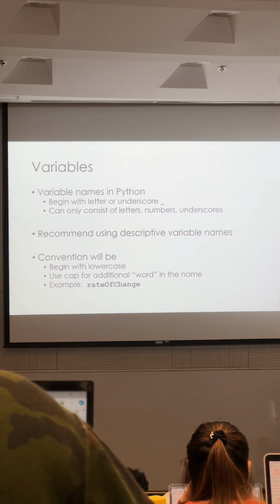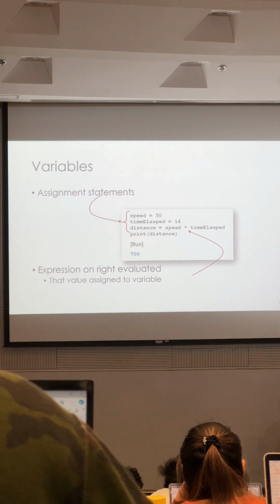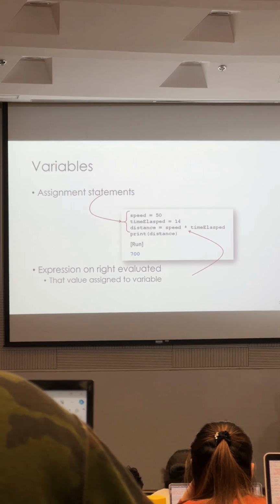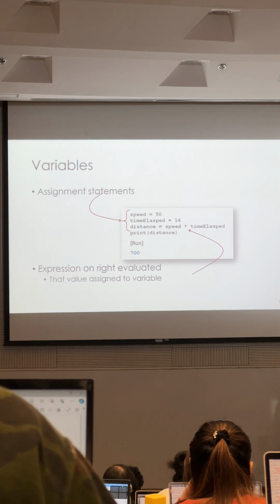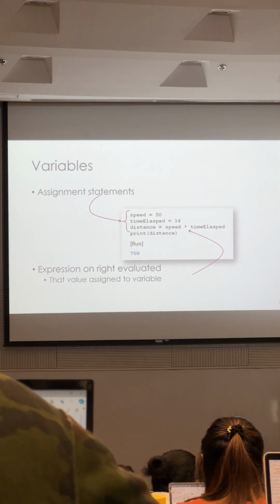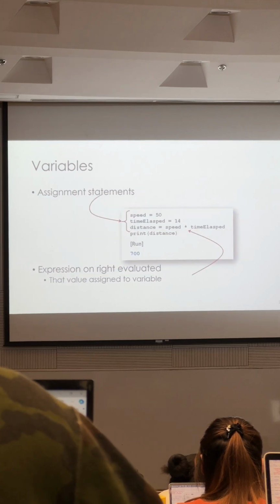For example, in the last example, for speed, for simplicity we could only use an S here. However, S can mean many things. Maybe a few weeks later, you will forget what this S stands for. So I suggest you use descriptive variable names. For speed, you just write speed here.